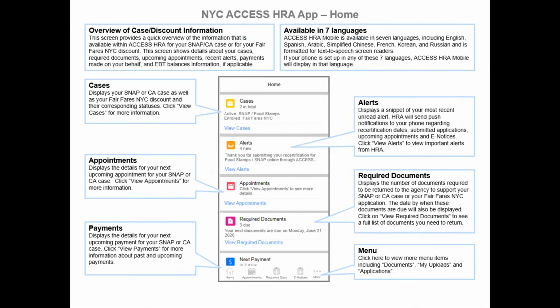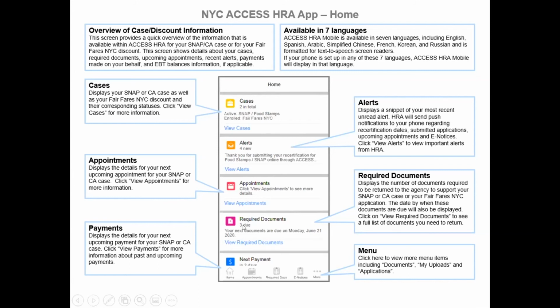Once they're able to connect the case, clients will be brought to the home page in the mobile app, where clients can see detailed information about the case. They can see how many cases they have, and if the cases are active or closed. Appointments: they can see if they have any upcoming appointments or upcoming recertifications.